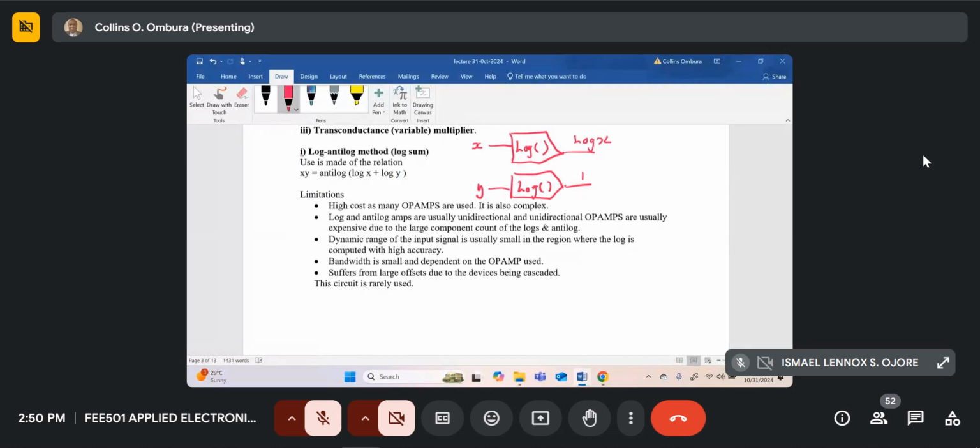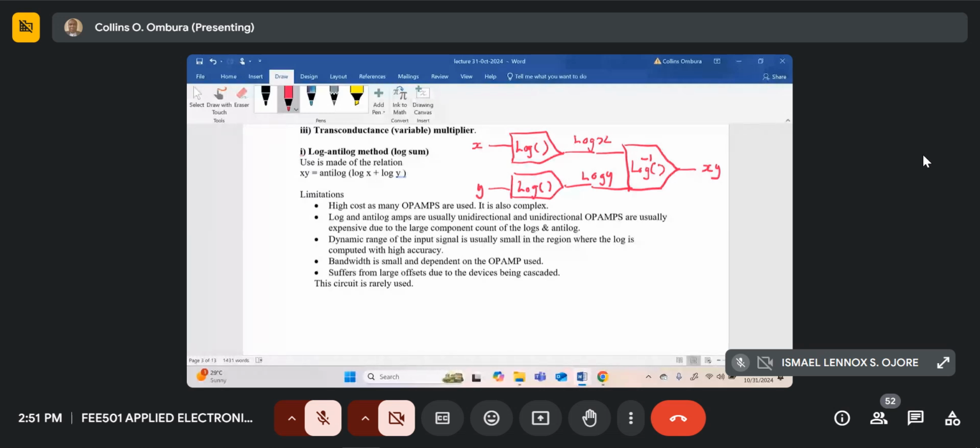The second one gives you log y. Then these two go to an anti-log amplifier, and you get xy.